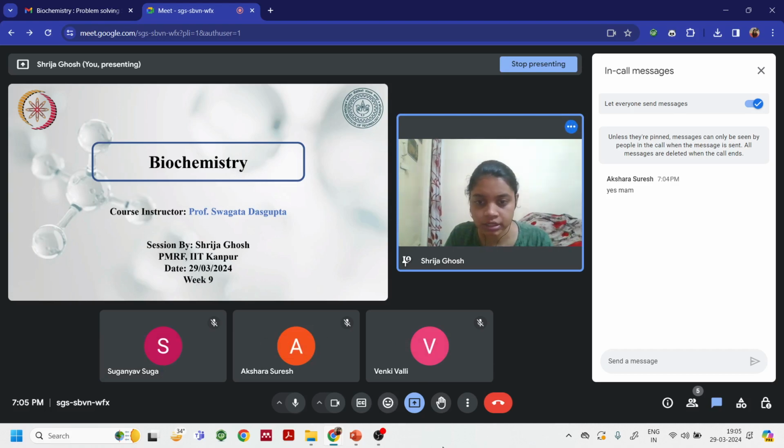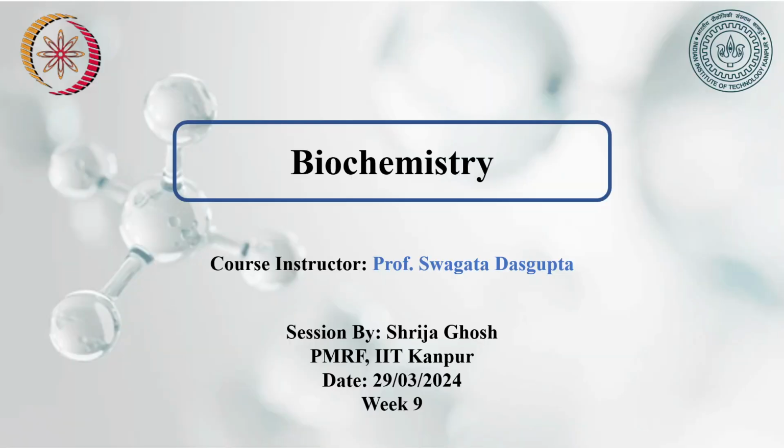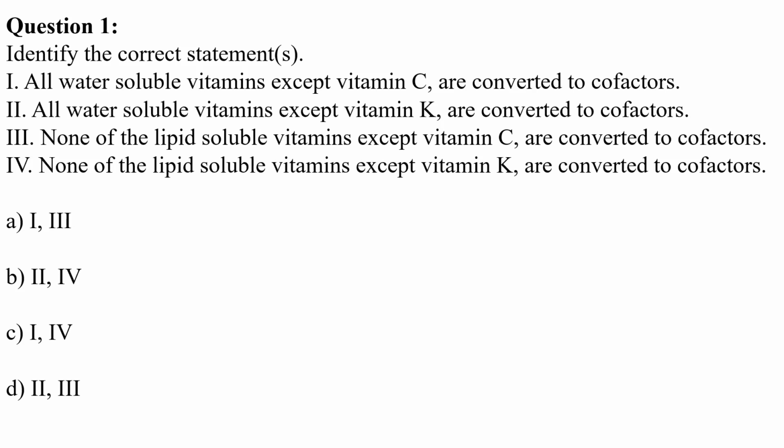Okay, so let's start with the questions. So the first question is, identify the correct statement or statements. First statement is, all water soluble vitamins except vitamin C are converted to cofactors.